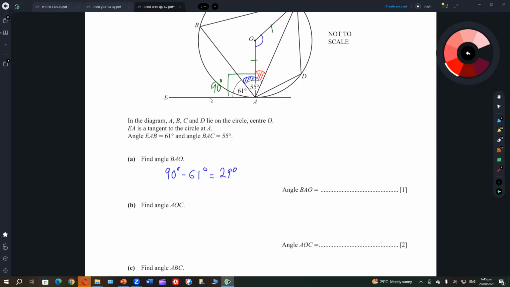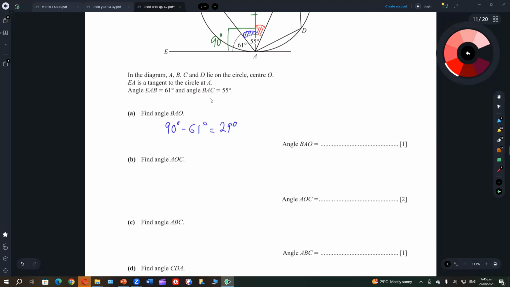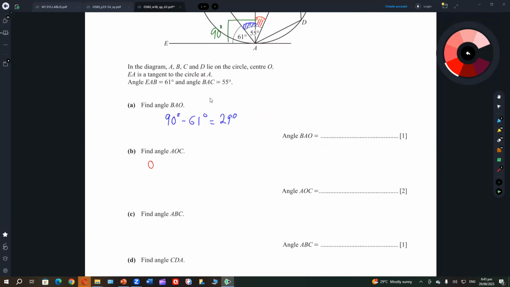I wrote 61. So if I go inside OAC, OAC will be equal to 61 minus 55, which is 6 degrees.